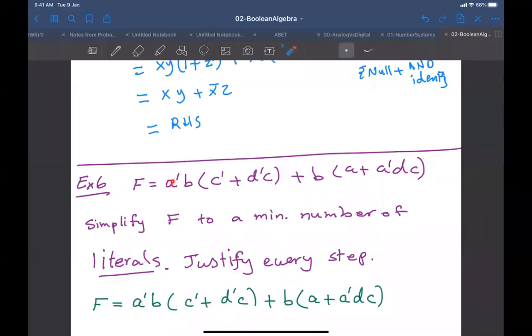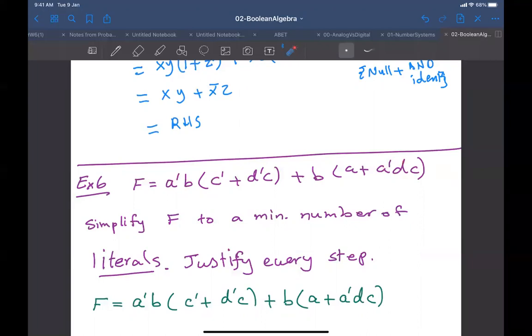A complement is 1, B is 2, C complement 3, 4, 5, 6, 7, 8. Notice that I'm double counting A complement, it's fine. We count the total number of letters, including repetition. 9, 10. So we have 10 literals in this expression.